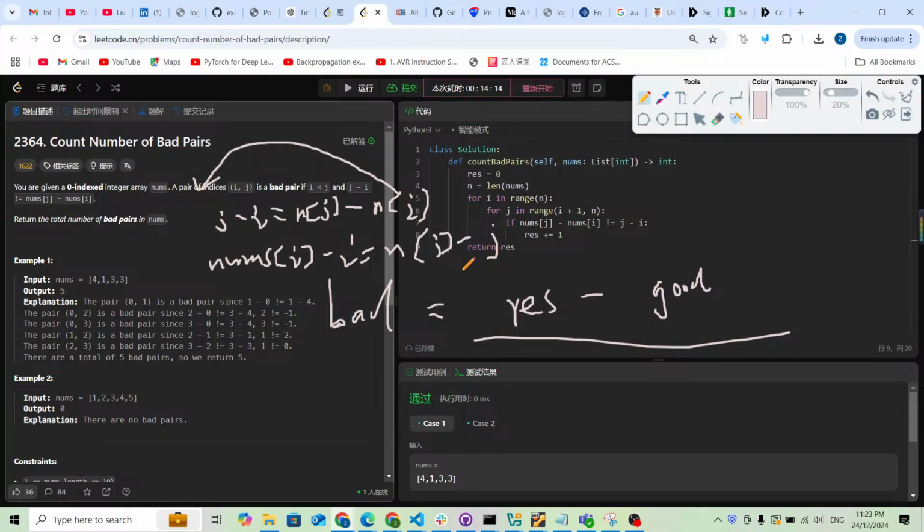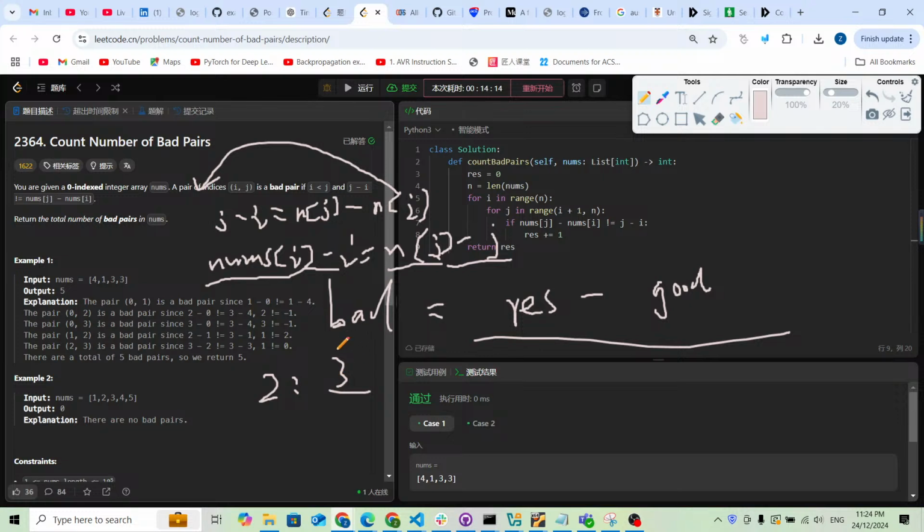Basically this is nums[i] - i and this is nums[j] - j, so we can use a hash table to solve the problem. We just need to count how many times each value of nums[i] - i appears. So if the value is 2, we check how many 2's there are, maybe 3.